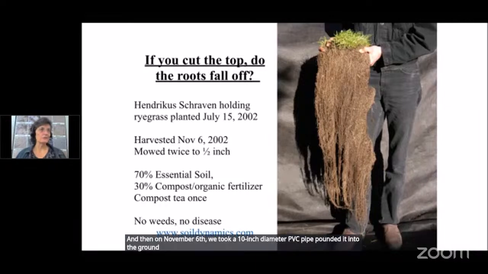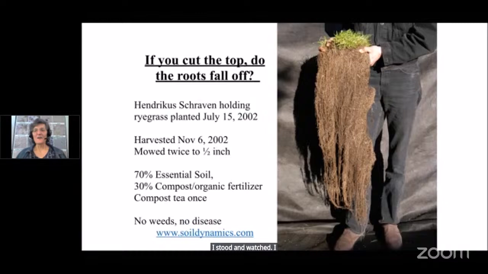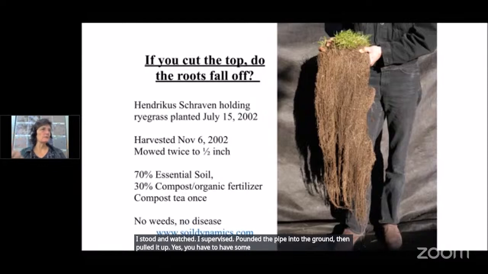I should say Hendrikas did this work, not me. I stood and watched. I supervised. Pounded the pipe into the ground, then pulled it up. Yes, you have to have some pretty big equipment to pull that 10-inch diameter, 4-foot depth PVC pipe that you pounded into the ground out of the ground.